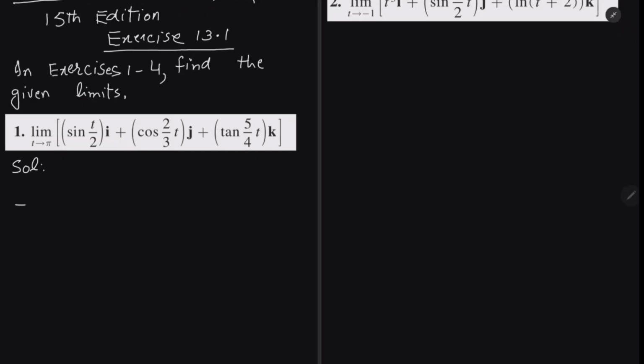we apply the limit on all the components.